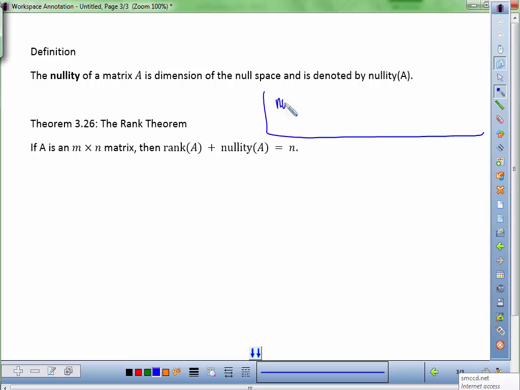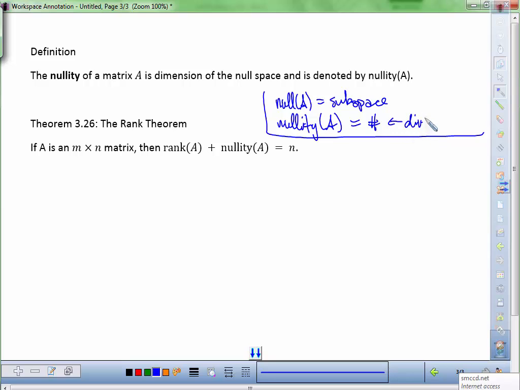When you say the null of A, this is a subspace. When you say the nullity of A, this is a number, which is the dimension of the null of A.